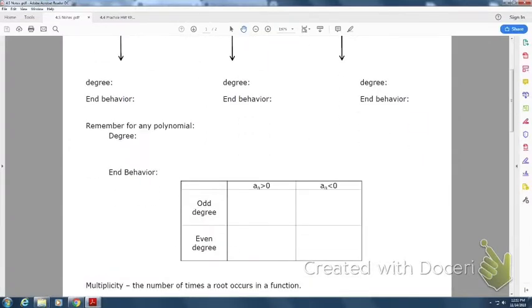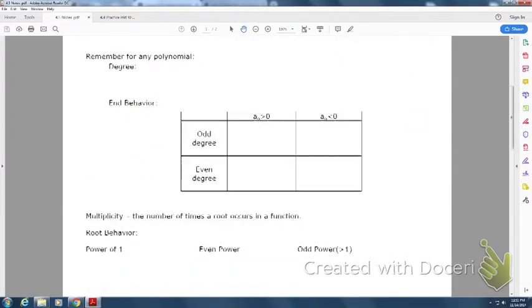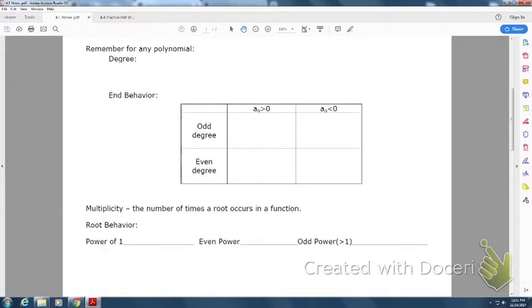So looking at the degree, I want to write a couple things down on this. Again, your degree is the largest exponent. Okay, and that is if it is in standard form.